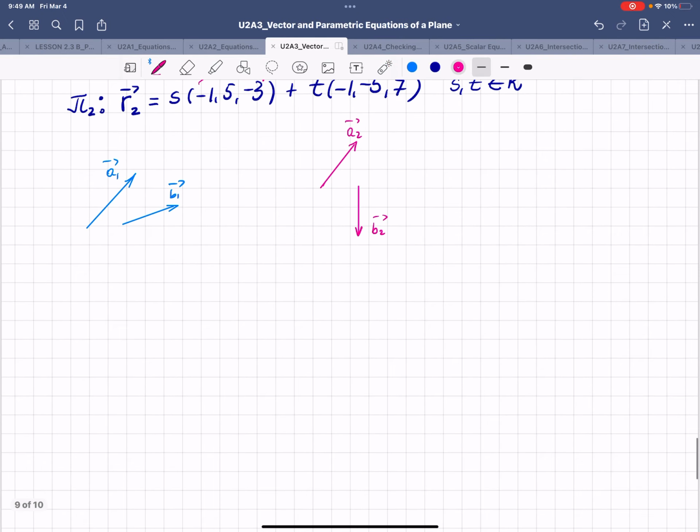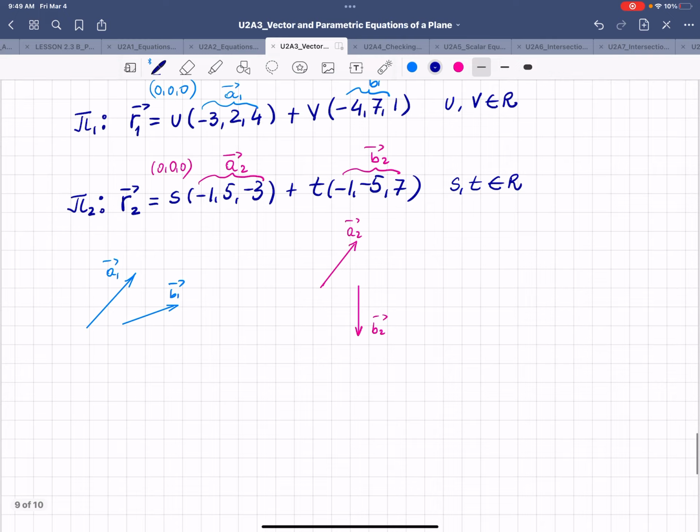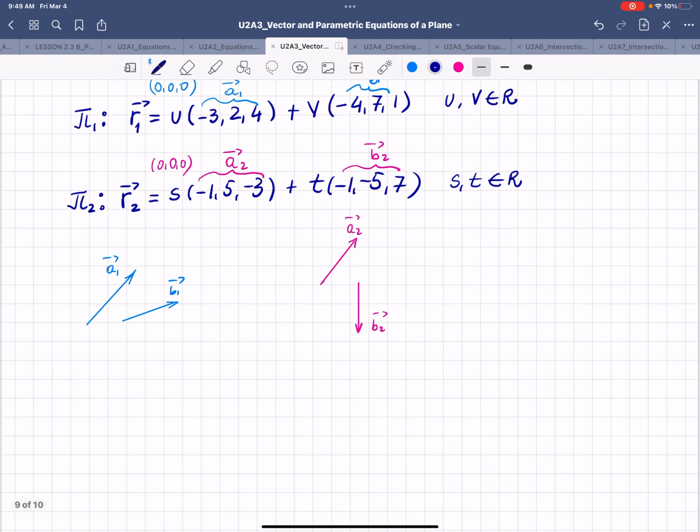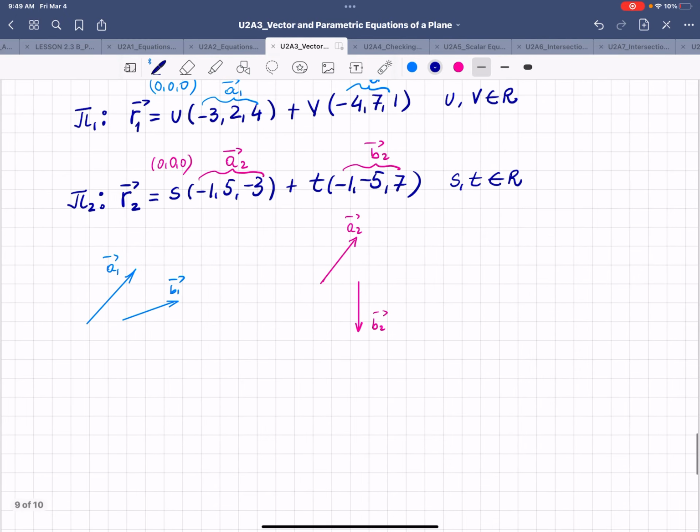Just for the fun of it, what you may want to do is try any other arrangements other than the one that I am trying here. So I'm going to write in here that if A1 is on pi 2, then it must satisfy the equation of pi 2.